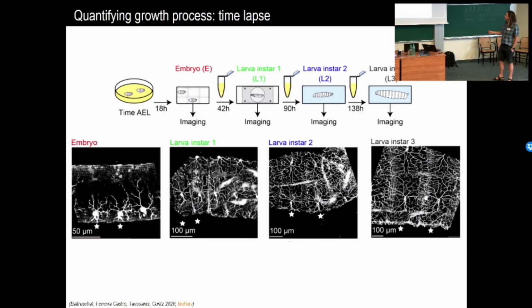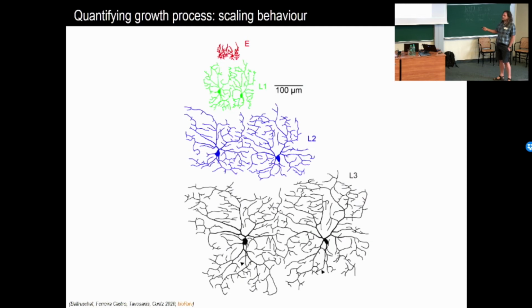And this is time-lapse, so these are exactly the same dendrites first in the embryo, then in the larva instar 1, larva instar 2, and larva instar 3. And the nice thing when you reconstruct 2 of those dendrites here is that you can recognize from one time point to the next, you can recognize the branches. Yeah? And so now the question is, what happens during this growth process, right?